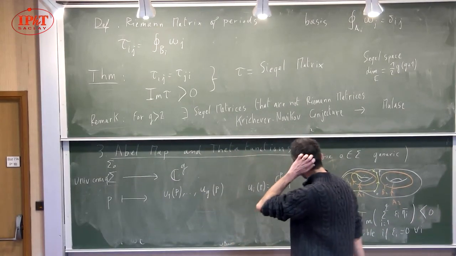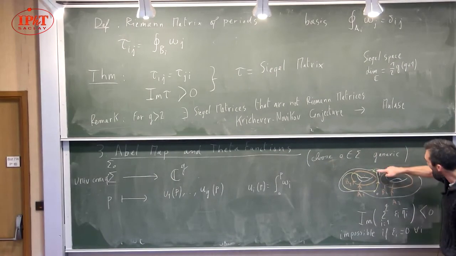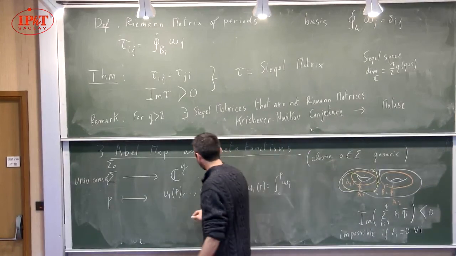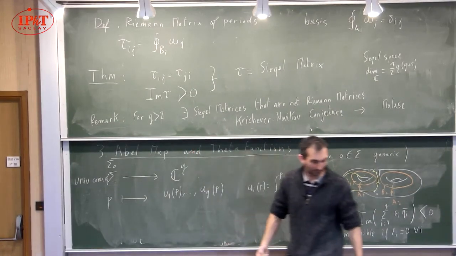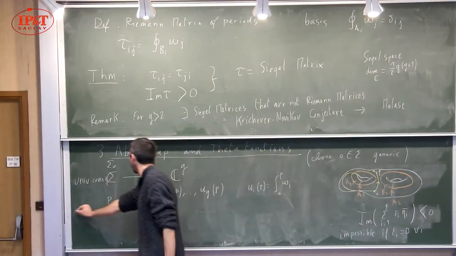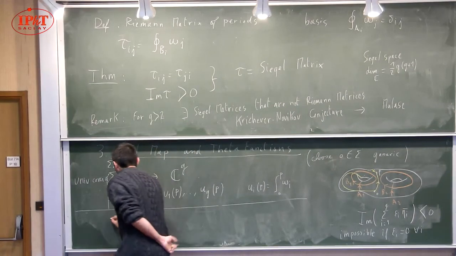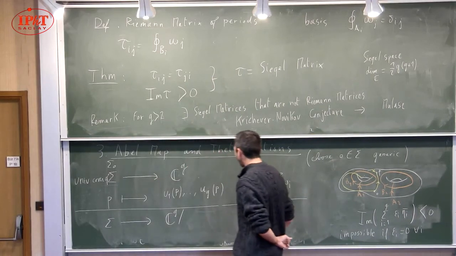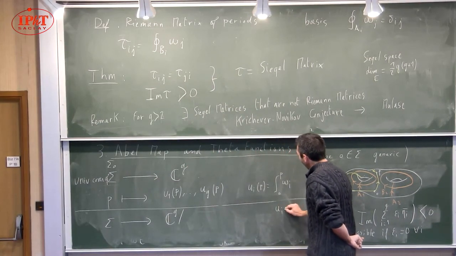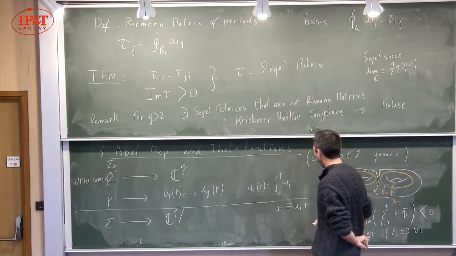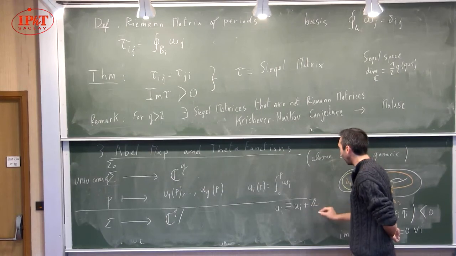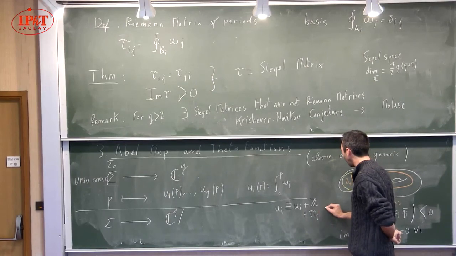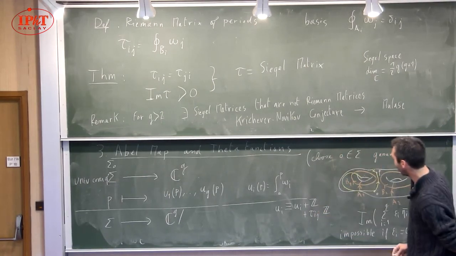But what we know is that if we go by a different path, what is really well defined is that if we go from sigma to C^g, but we quotient out, so basically we identify U_i with U_i plus an integer plus tau_ij times an integer, for all j.